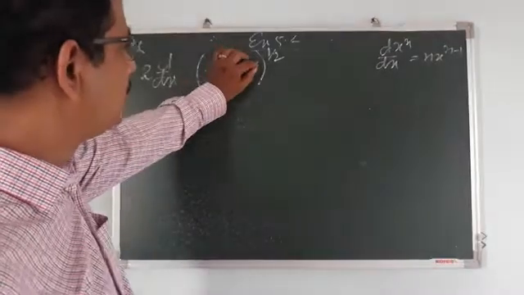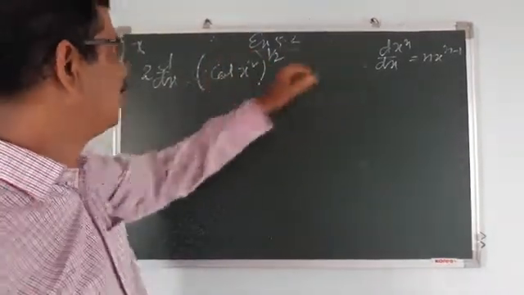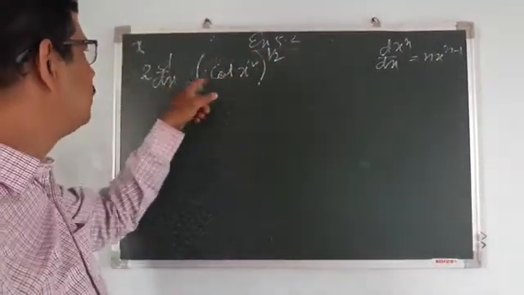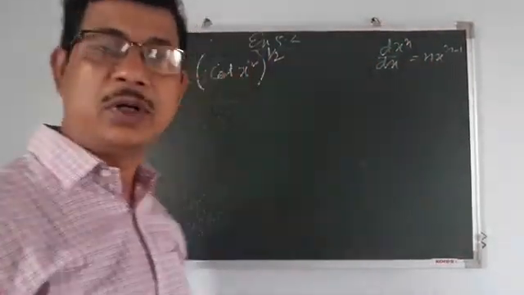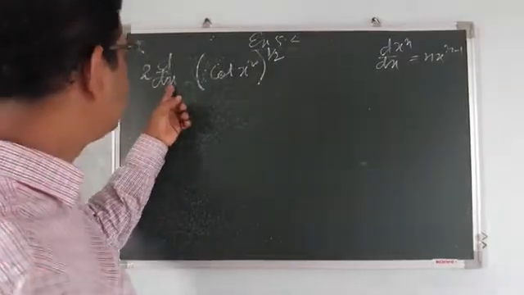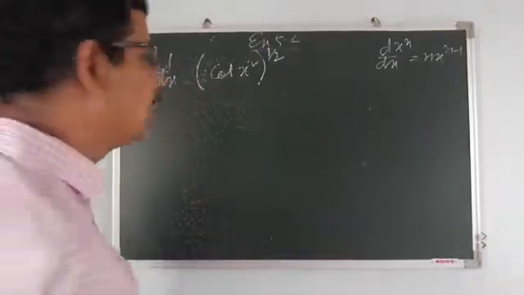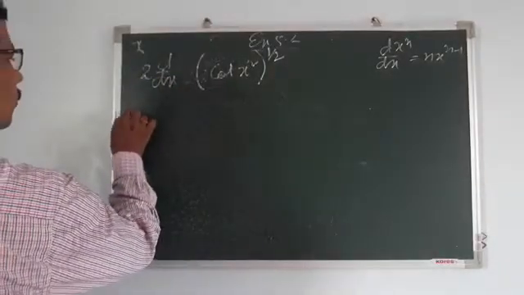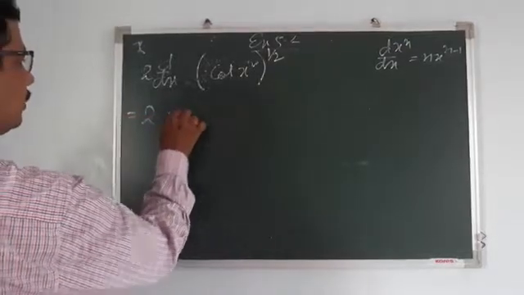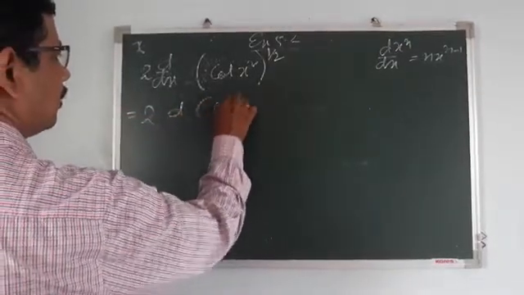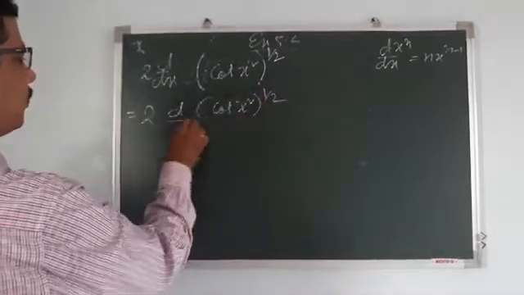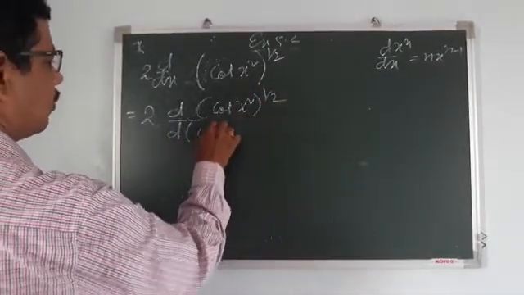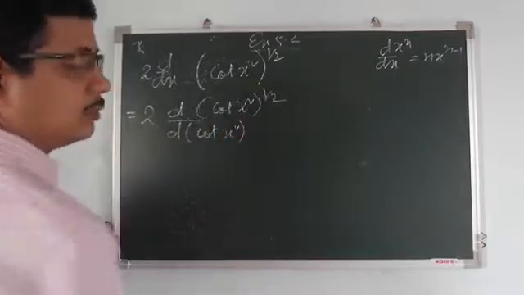If we consider this is x, half as n, then x to the power n minus 1. So we have to replace this x by that cot x square. So we can use the chain rule here, d cot x square to the power half, d cot x square.